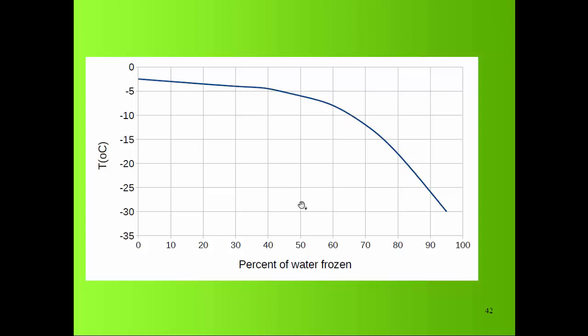And if we go down to negative 30, we end up at about 95%. Realize that at negative 30 degrees C, most of the water is frozen, which means it's going to be incredibly hard, right? It's almost going to be crunchy at this point.